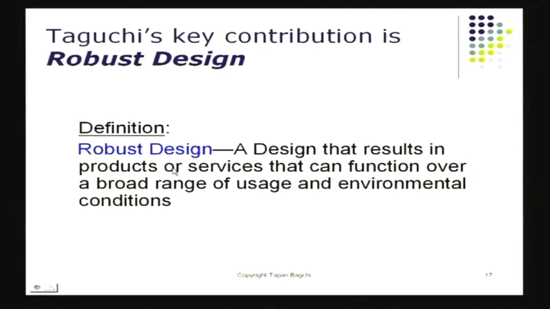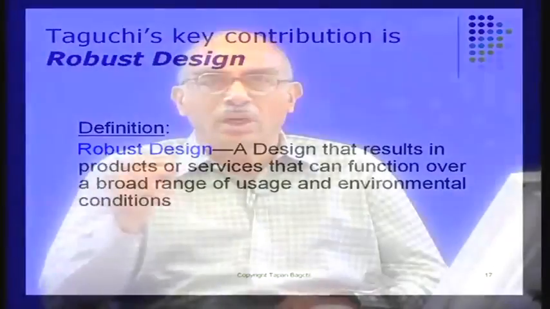And this led to what we call the idea of robust design, a design that results in products or services that can function over a broad range of usage and environmental conditions, such as variation in temperature, variation in humidity, variation in the quality of the components that you're using to do the assembly, and so on and so forth. These are factors that the designer can specify optimally when he's doing the design.